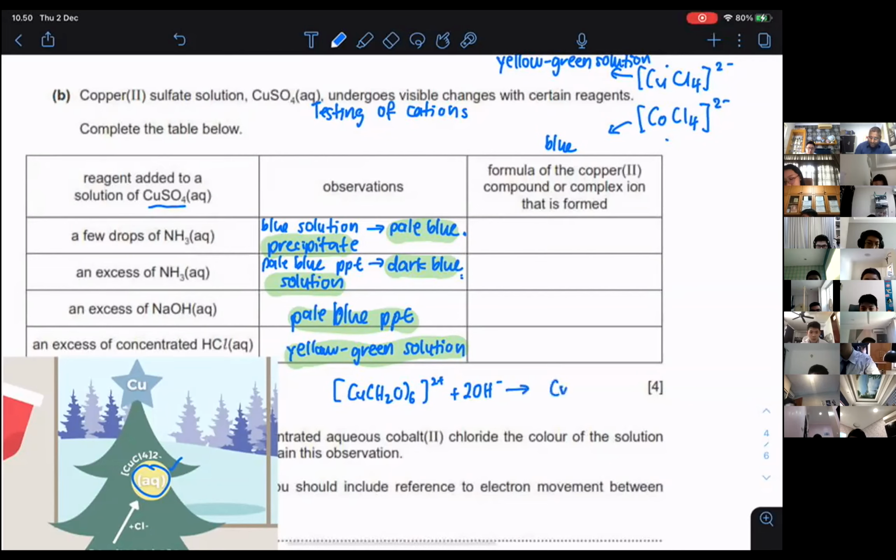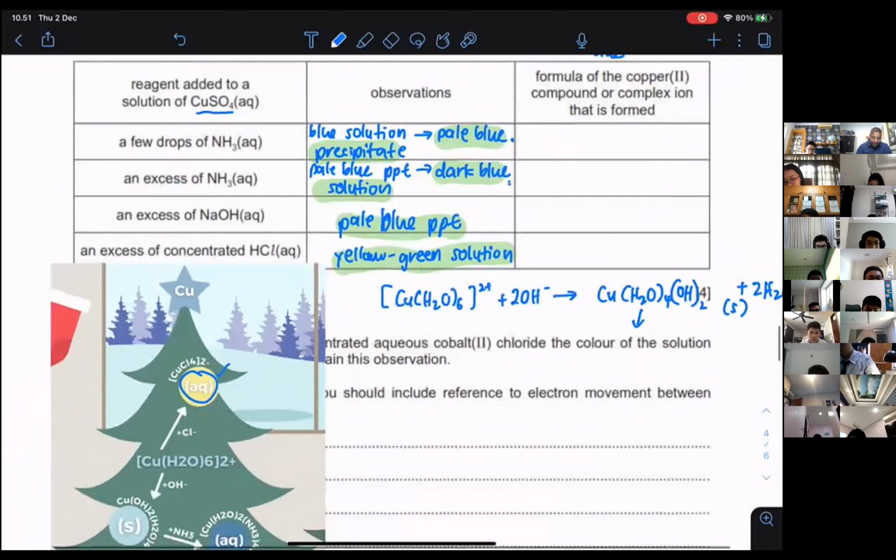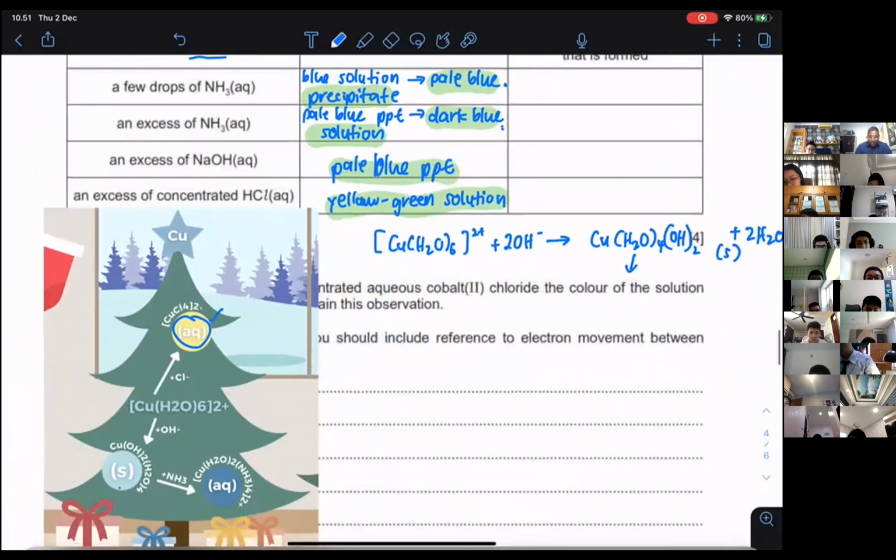So you will have Cu(H2O)4(OH)2, and this one is a precipitate, so solid. Then you have 2 moles of water. What is the color? We already learned: over here the color is going to be solid and pale blue.